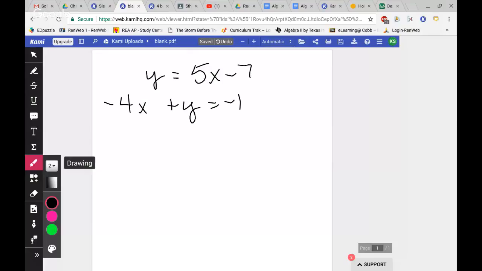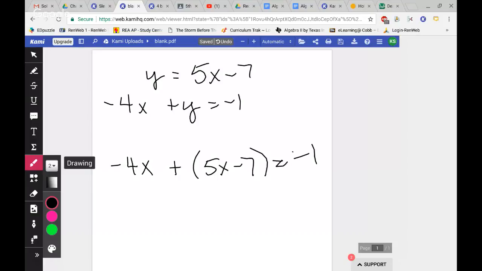Okay. So now what will I do? You would substitute the 5x minus 7 in. Yes, absolutely. So I write negative 4x plus 5x minus 7 equals negative 1. Good job. Does that make sense to you? Yes.